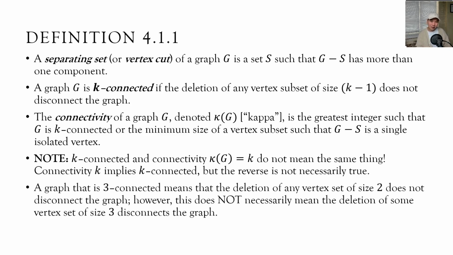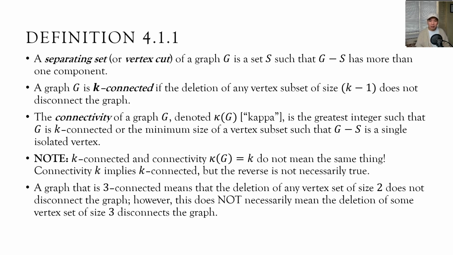Another thing I want to note is that if a graph is 3-connected, this means that, by definition, if I delete any 2-vertex set, this does not disconnect the graph. 3-connected does not mean that if I delete 3 vertices, then I'm automatically disconnected. This is not necessarily true.